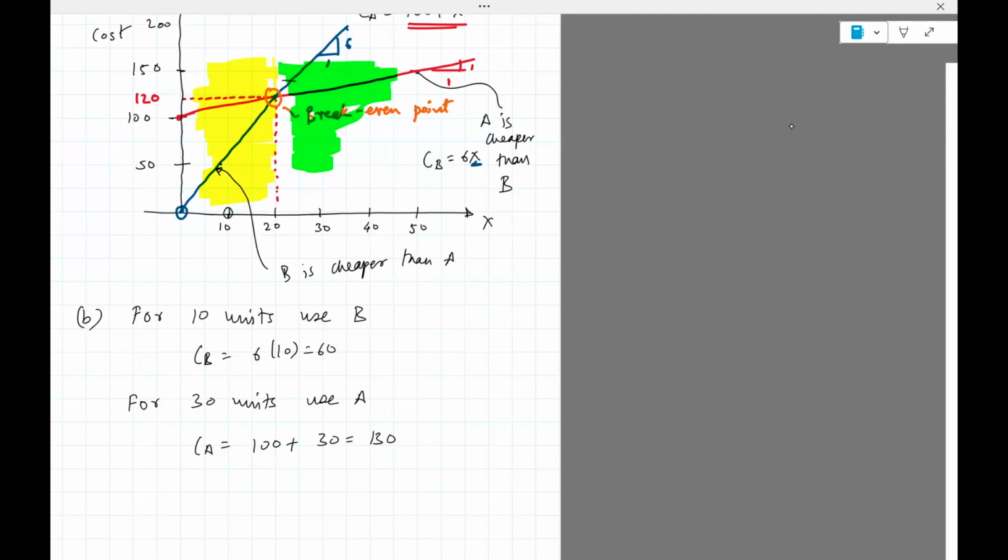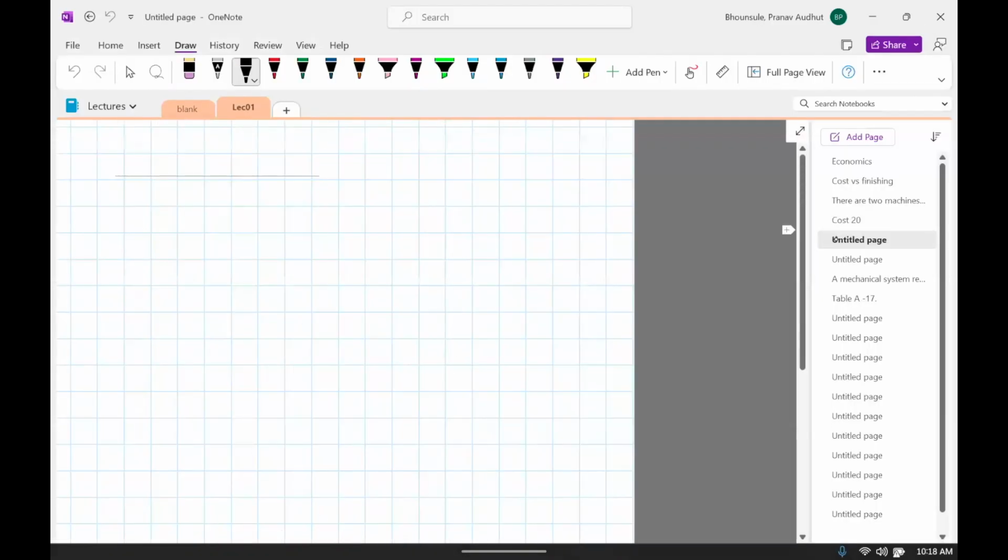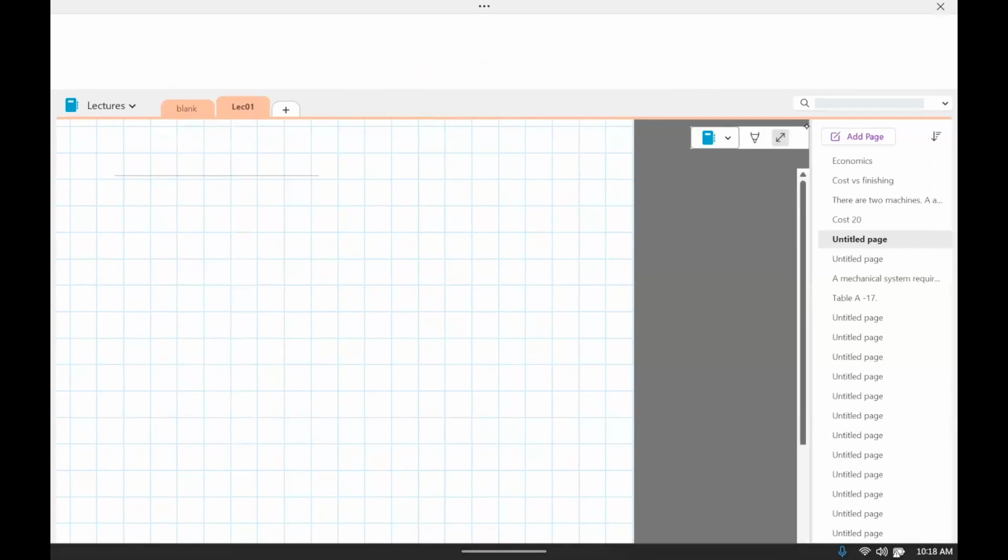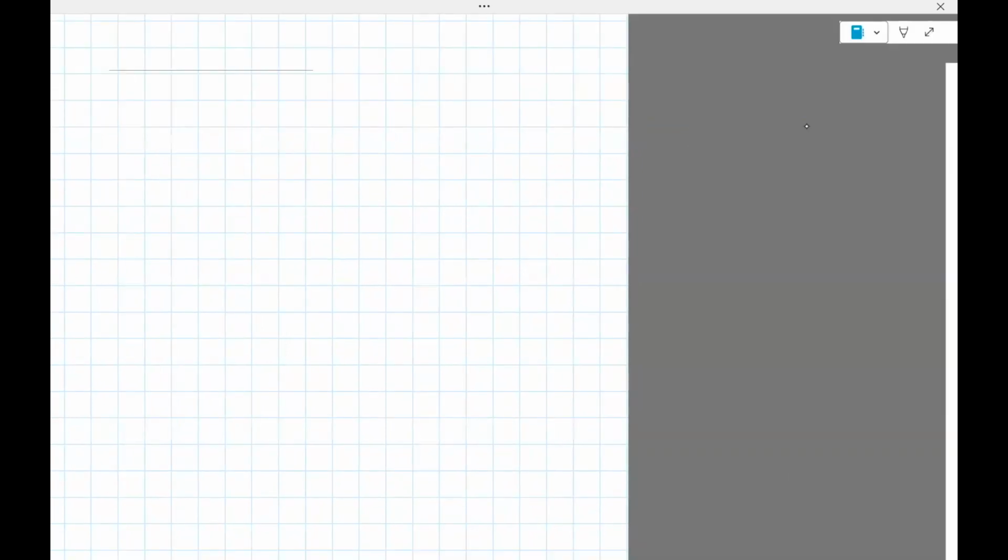Okay, let's move on. The next thing is this thing about stress and strength. This is a distinction which is kind of important in this course. Stress and strength seem to be the same thing.